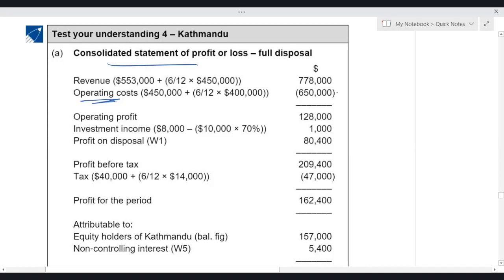Parent 450, then time apportionment. This is important, please listen. Parent has investment income of 8,000. From this investment income, we need to deduct the dividend from subsidiary, because the parent will show the dividend from subsidiary in its individual income statement. You cannot show that in group accounts, in group P&L.